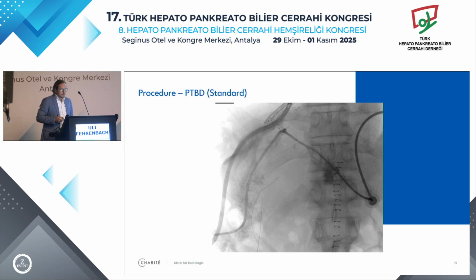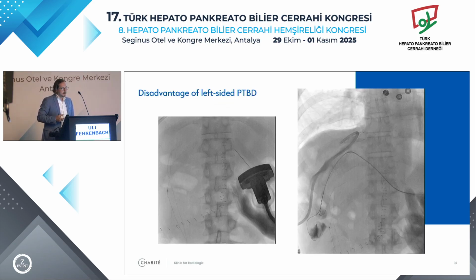What are the problems percutaneously? If you do a left-sided approach, it's not that comfortable for the radiologist. You can see these are my hands, and it's not that easy to do it with good radiation protection.